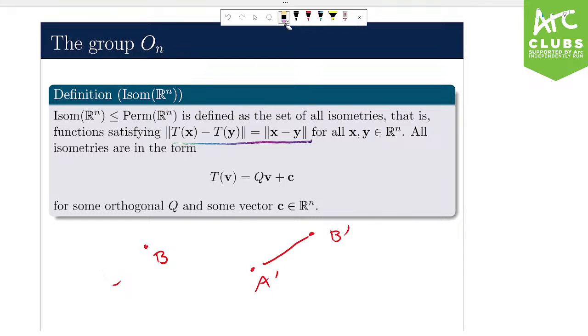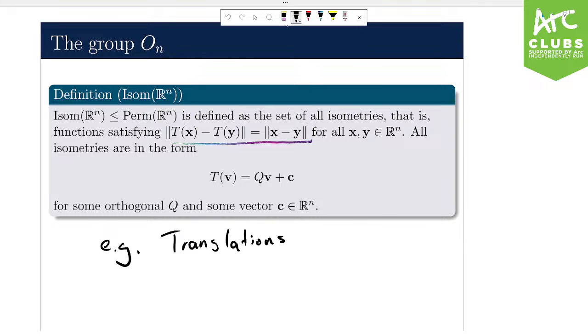So some examples of isometries will be translations. So if you translate a line segment, then the distance between the points stays the same.